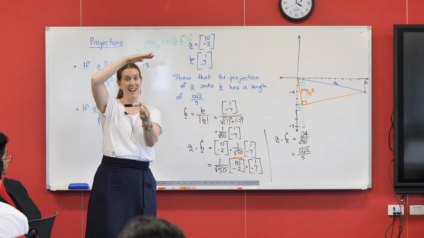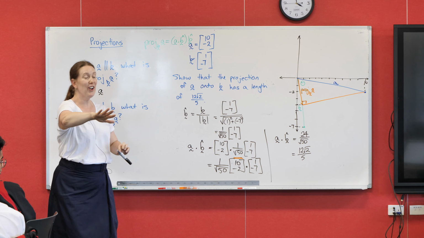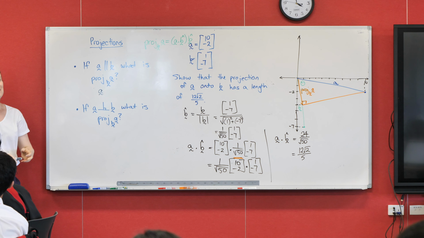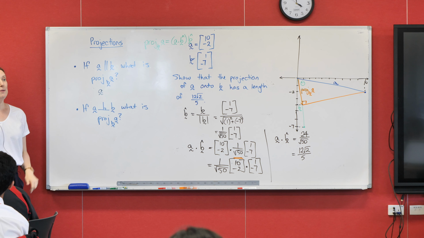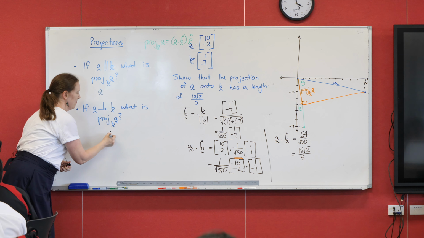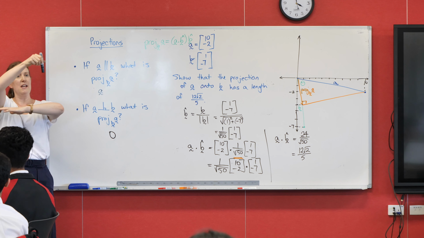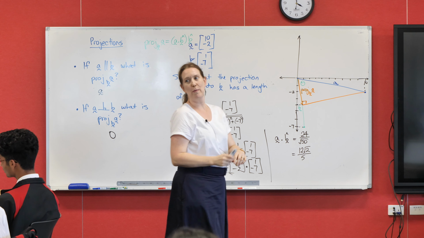If B is smaller, are you ready? What's my shadow of A? Oh, I'm so stupid. No, not at all. You're like, no, this doesn't make sense. Are you happy with that being A? What about this one? What's the answer? It's 0. What's the shadow going to be? Not very much.